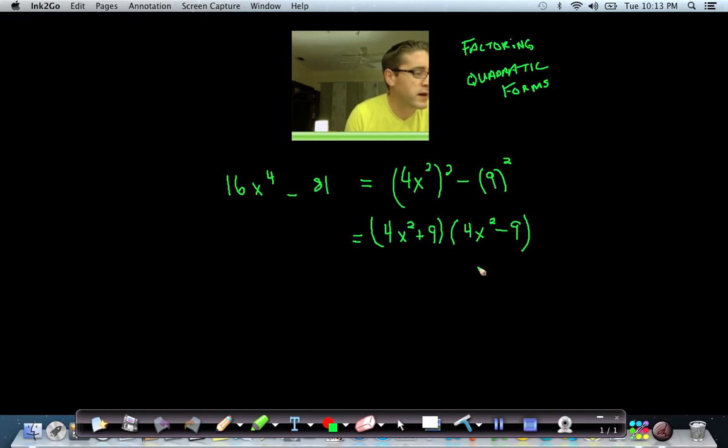Now let's go ahead and keep finding the difference of two squares, but we know that we have 4x squared, and then we're going to break it down. So the first term, we just write 4x squared plus 9. And then the second half is going to follow that trinomial form, which is going to be broken down further, 2x plus 3 and then 2x minus 3.